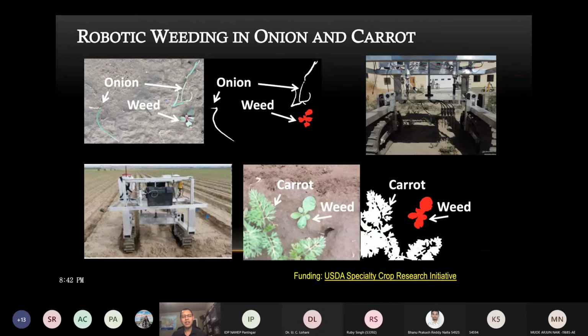This system automatically distinguishes where the crop plants are and where the weeds are, and then there is a precision nozzle system that applies a certain chemical on top of the weeds so that those could be precisely killed. It could also use a precise mechanical solution to remove those weeds, particularly for organic systems where chemical application is prohibited.